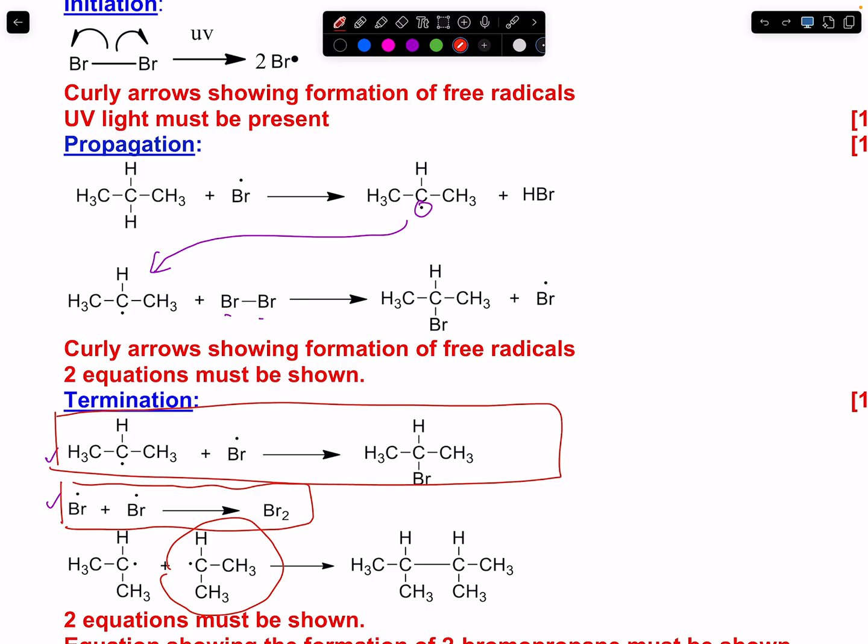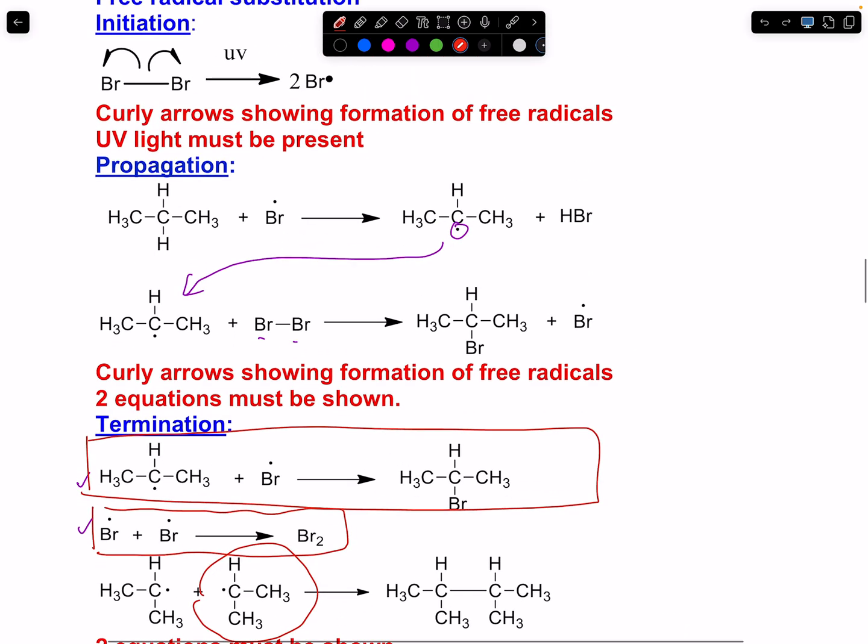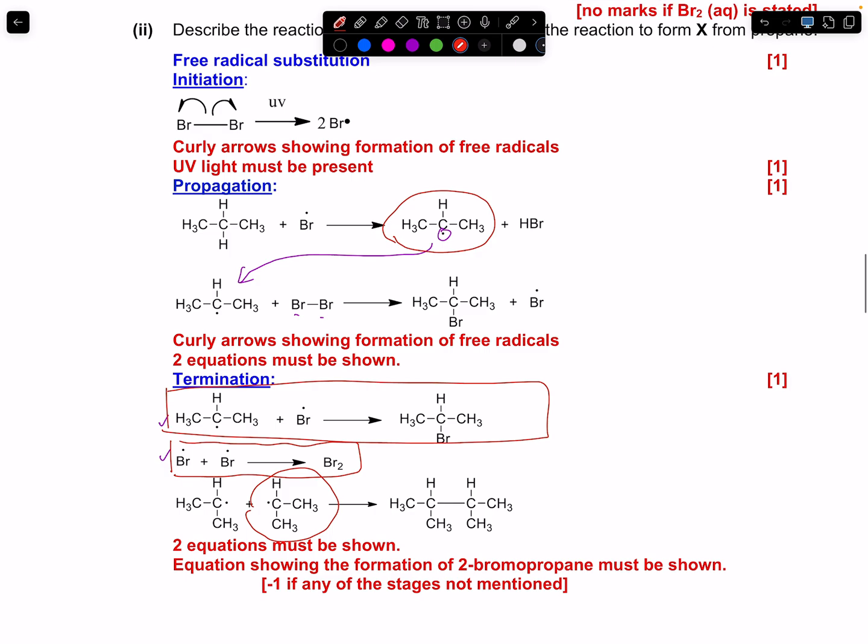Oh, wait, 3 equations. I guess they mean the last equation for termination. Like what? There isn't even a bromine in there. Yeah, but because you produce this radical, this radical could collide with itself. But doesn't the question ask the mechanism for the reaction to form X?